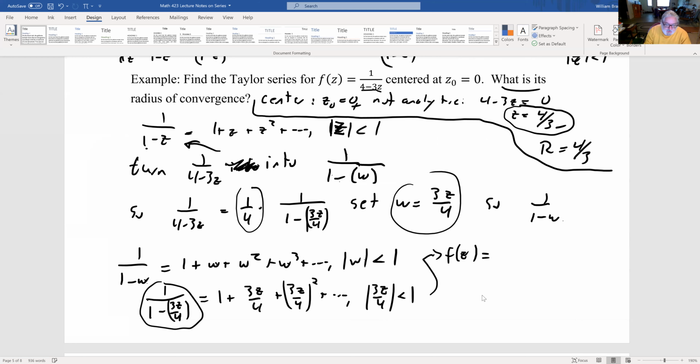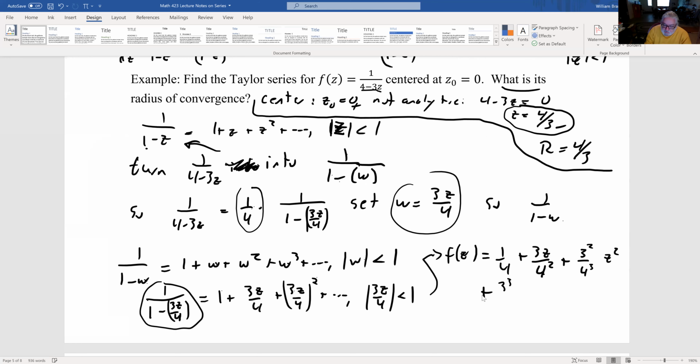So our series would be 1/4 times 1, which is 1/4, plus 1/4 times 3z/4, plus 1/4 times 3z/4 squared. There are a couple different ways you can write that, but usually I would write it as 3 squared over 4 cubed, z squared, plus, now you can figure out the pattern.